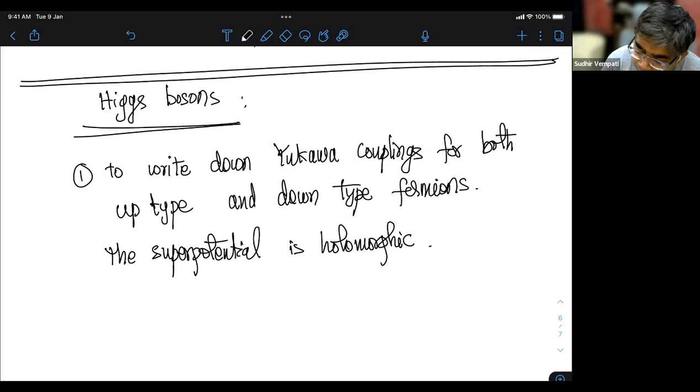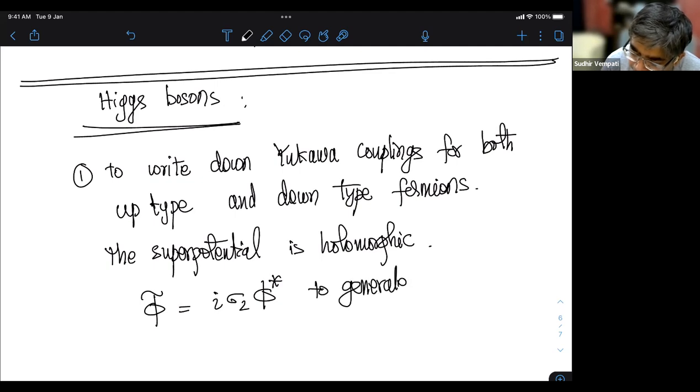Normally we use phi tilde to generate masses for the up-type quarks.